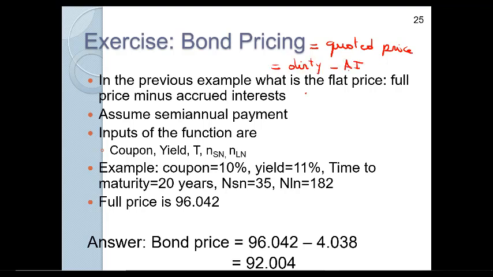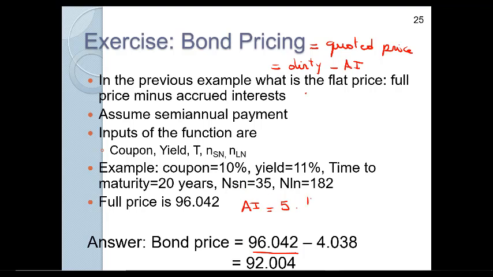From before, we had computed the dirty price. It was this value, 96.42, when we computed it for t equals today. And now we need to subtract the accrued interests. We know that accrued interests are equal to the coupon. In this case, it's going to be 10% over 2 times 100, so that's 5 times, and this is settlement to next, and we need last to settlement.